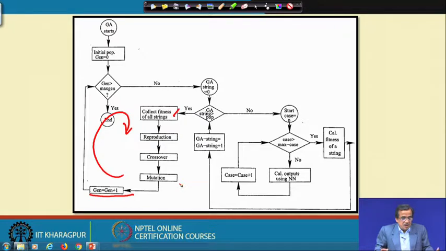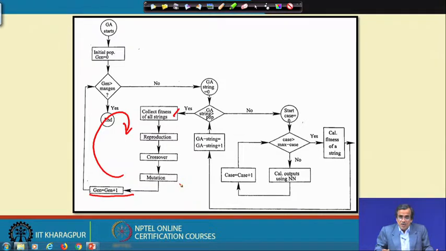Using this evolved network, if I pass a set of test scenarios, test cases which are new and not used during the training, there is a possibility that it will be able to predict the output accurately.